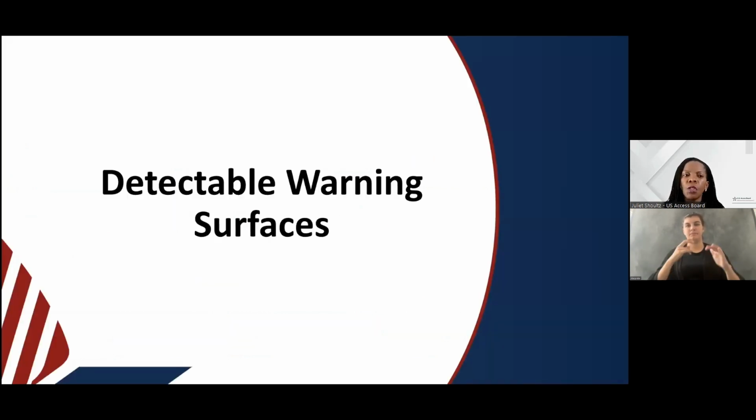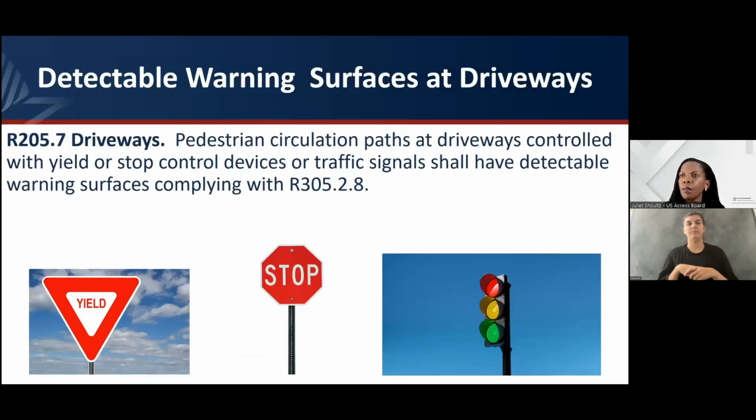We'll now look at the changes in detectable warning surface requirements. So I mentioned this earlier when I was talking about the fact that we removed advisory language, and one of the places where we removed that advisory language was at detectable warning surfaces at driveways.